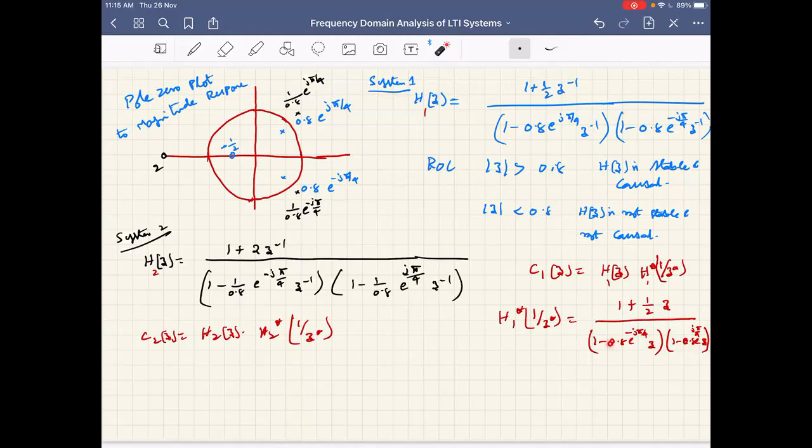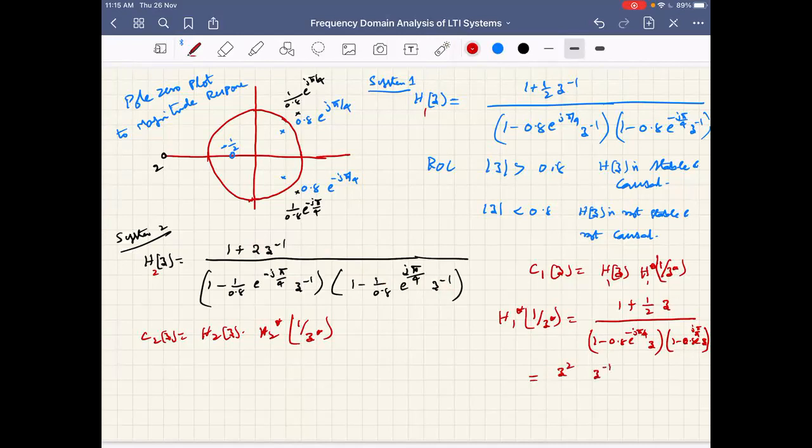Now, given this and this, let us see if both are the same or not, mainly in terms of magnitude response. Let us take Z square out from the outside. Okay, Z out.